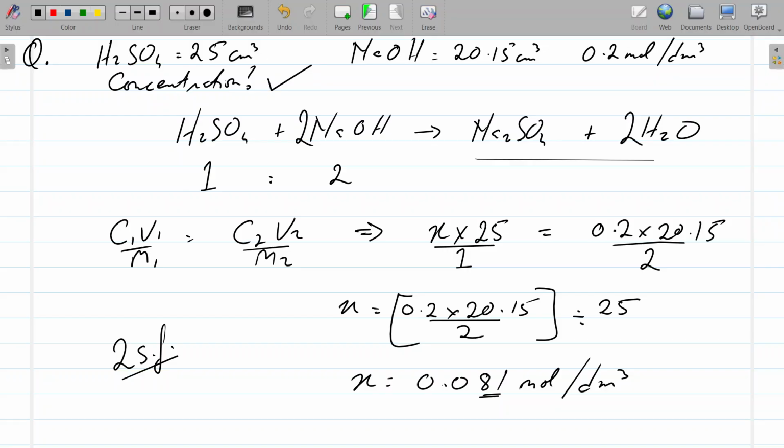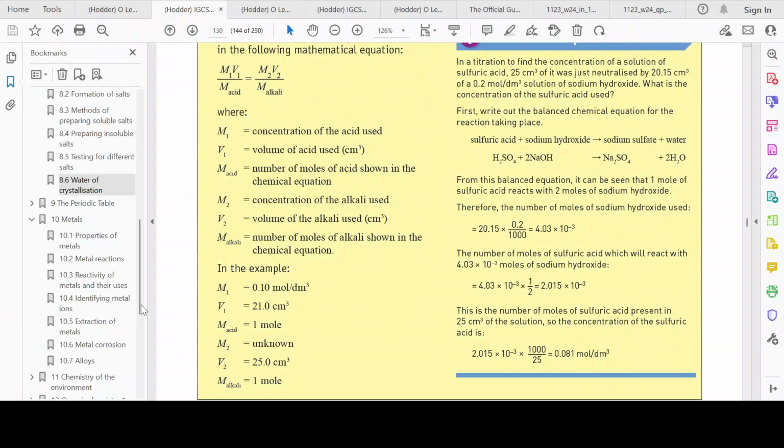Now, just to show you from the book, this was a worked example. And so just to show you that they actually went the long way that we did initially. And so you can see they found the number of moles of sodium hydroxide that were used, right?